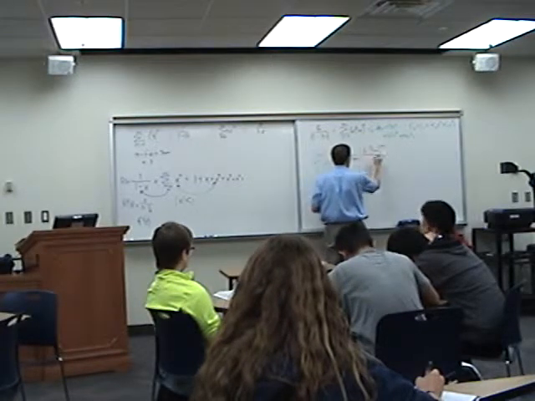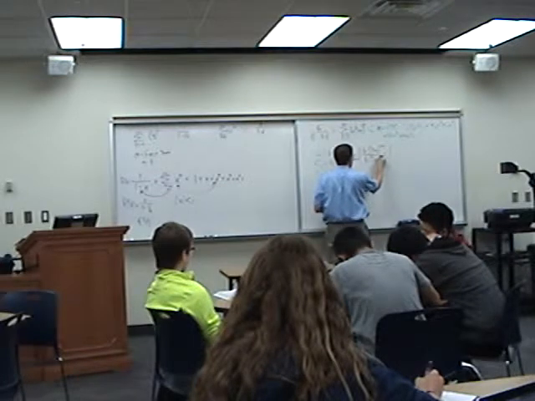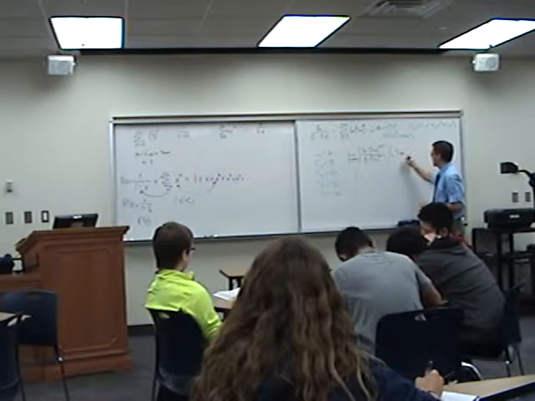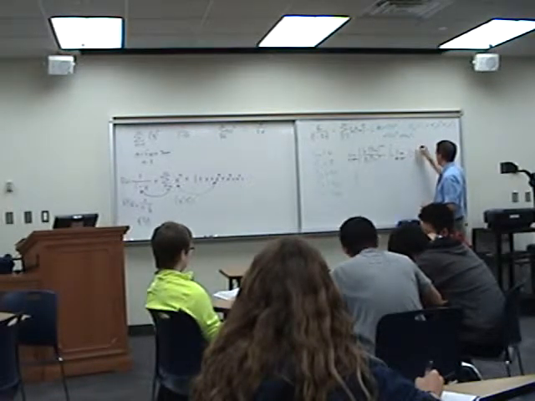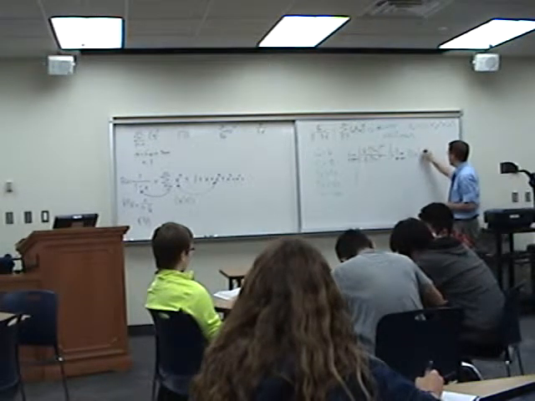We're going to do the limit as n goes to infinity of the absolute value, which is going to leave me the absolute value of 3x. And I want that what? Less than 1.